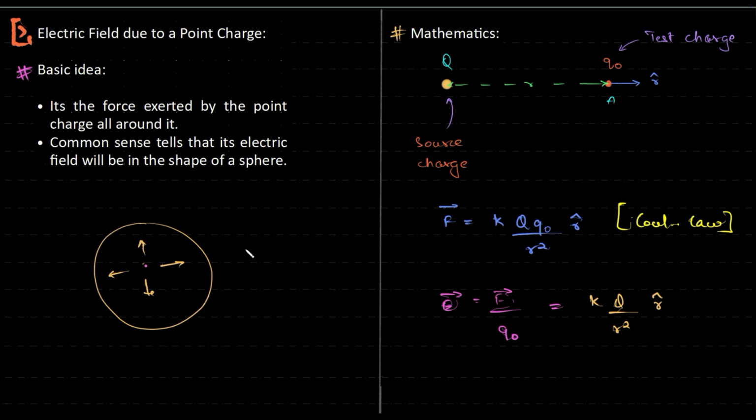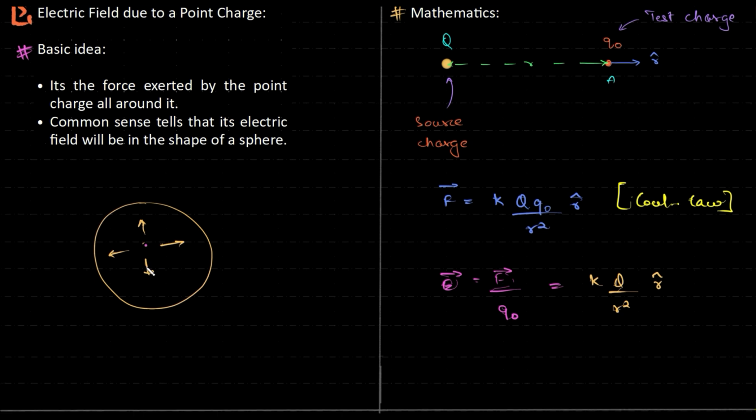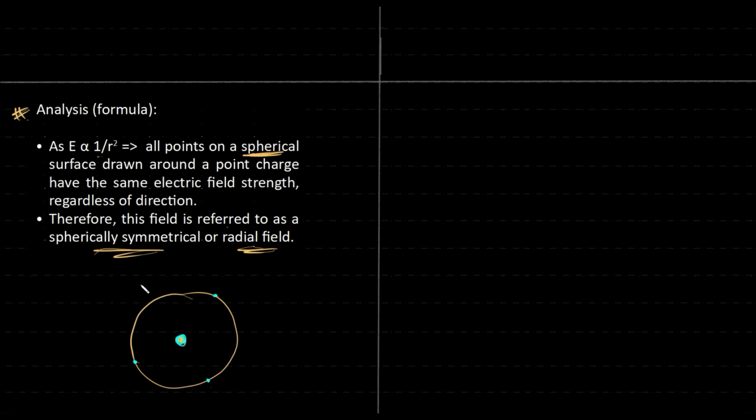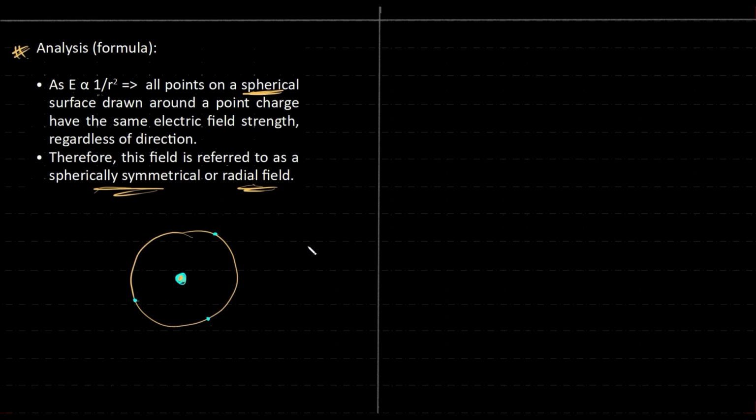Very simple thing. We can think of the sun. The sun radiates out light equally most of the time. Of course, there is a lot of variation. Ideally, the sun radiates out energy equally, and this shape is spherical. So this is called a spherically symmetrical or radial field. Why?